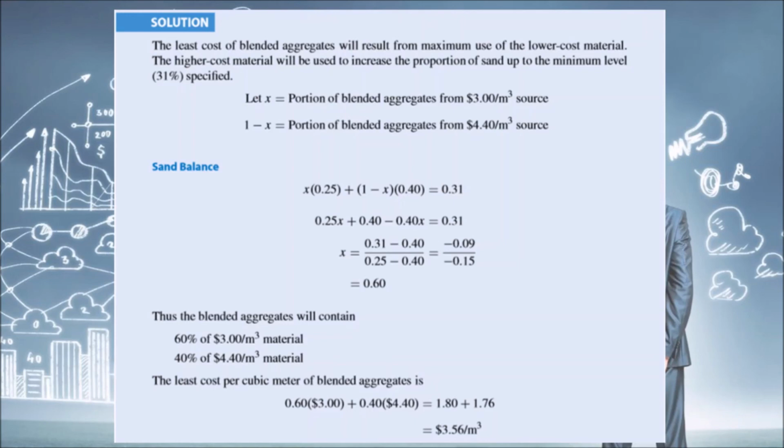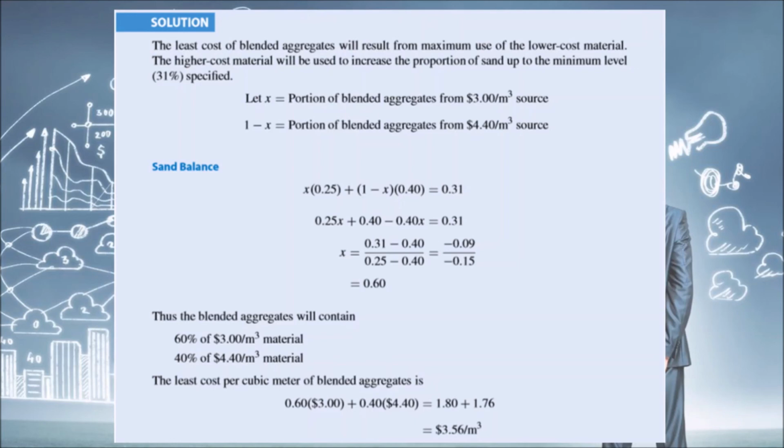We let x equal the proportion of blended aggregates from the $3 per cubic meter source and 1 minus x be equal to the proportion of the blended aggregates from the $4.40 per cubic meter source. Okay, so the computation for the sand balance is flashed in the slide. So x is equal to 0.60.